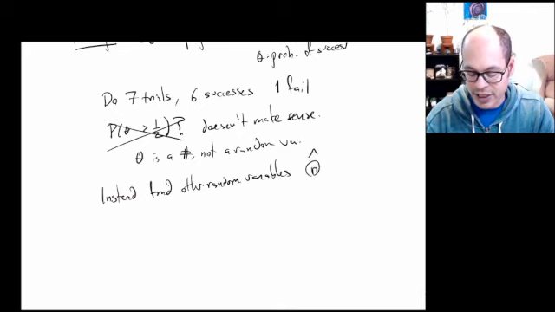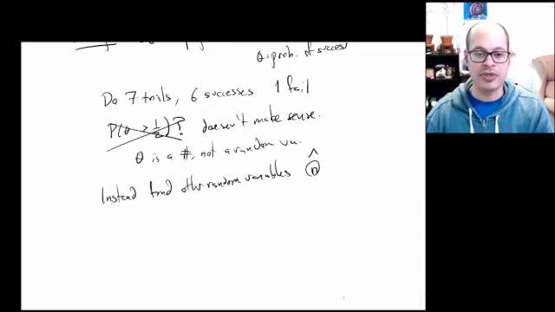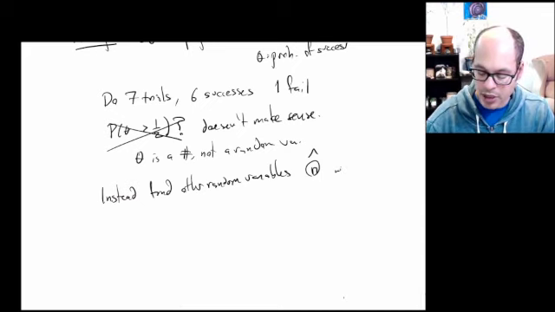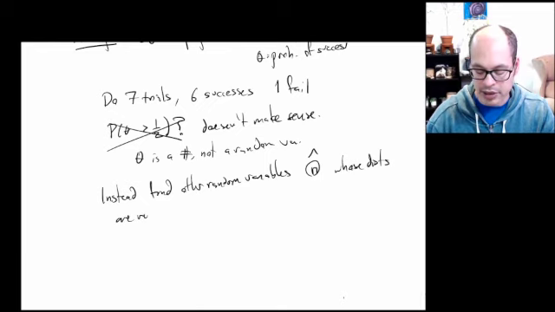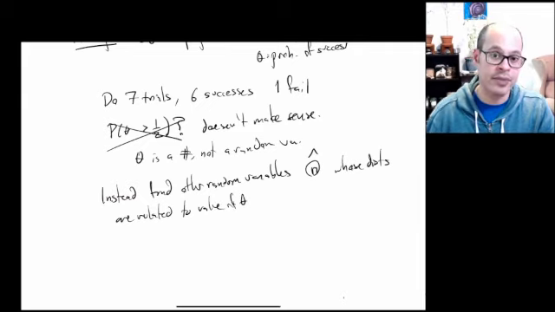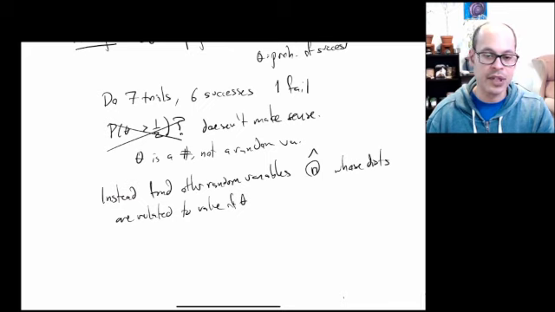Call it, let's say, theta hat, these so-called estimators, whose distributions carry information about the value of theta.